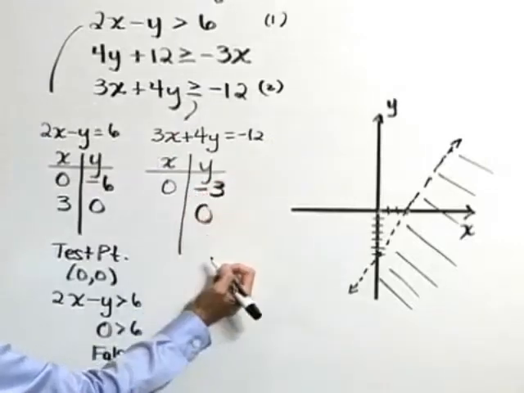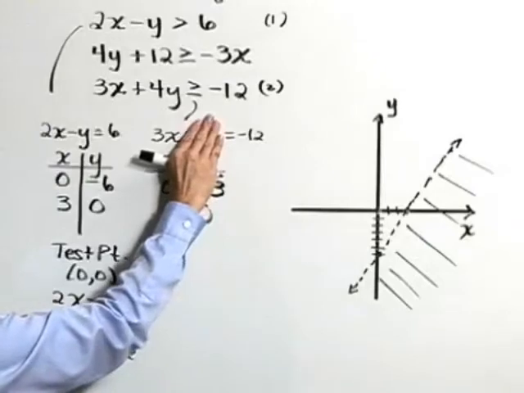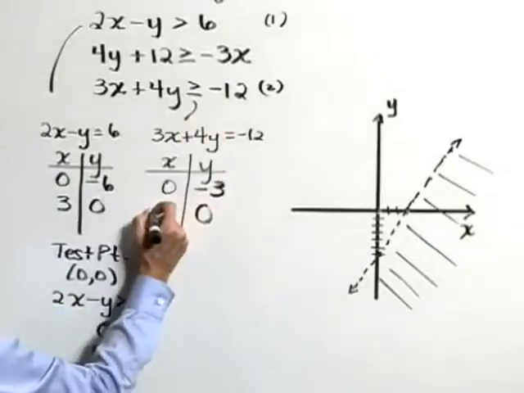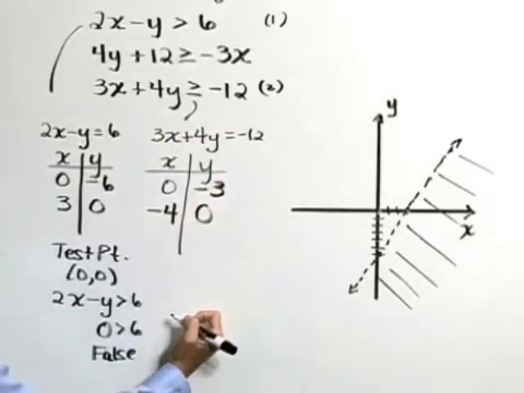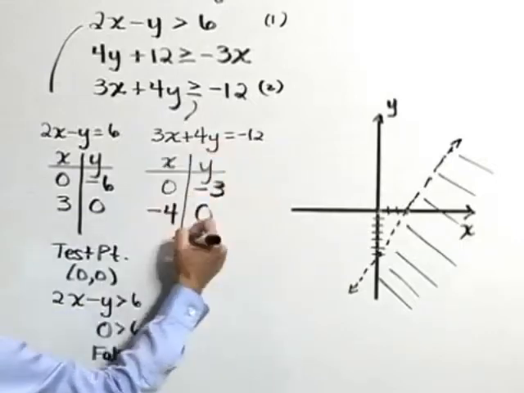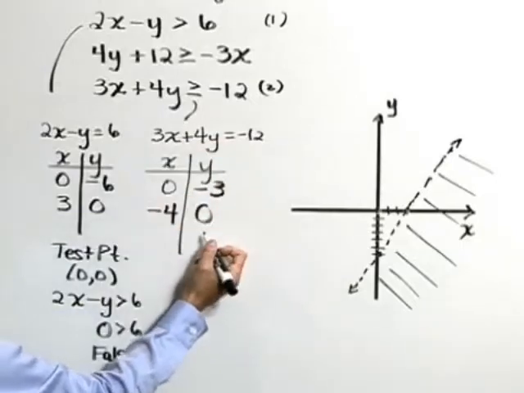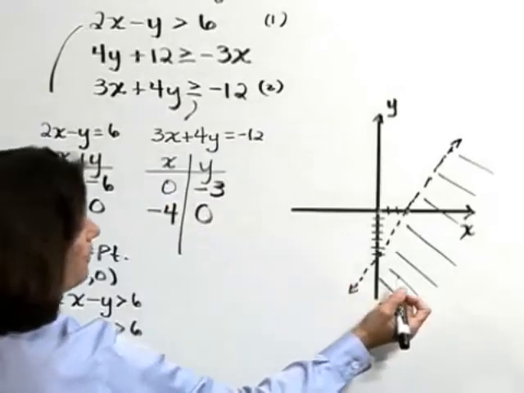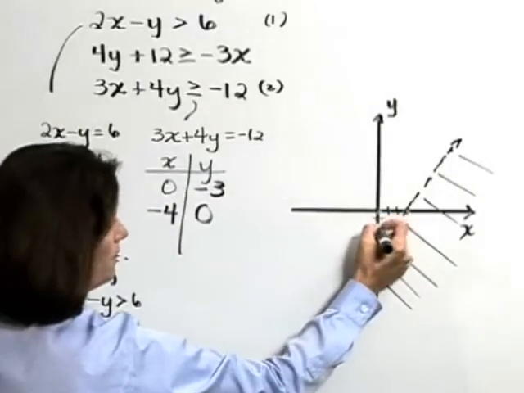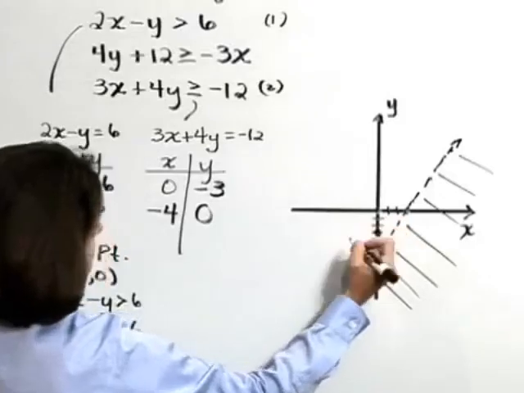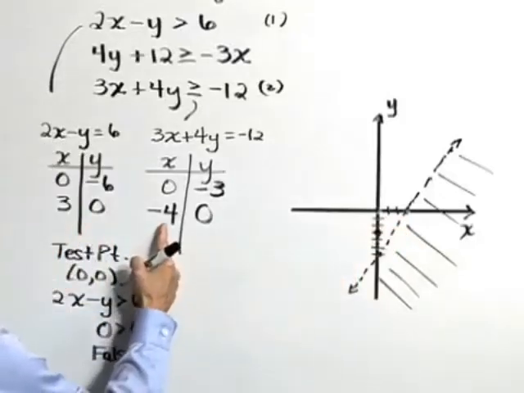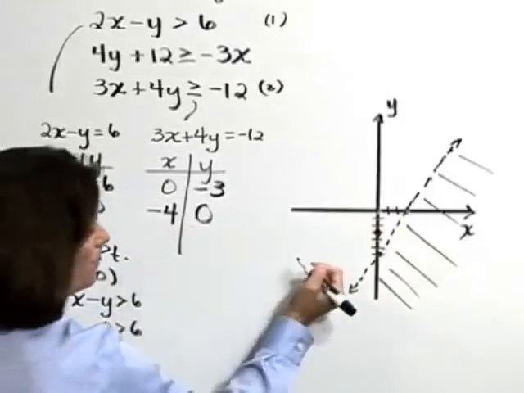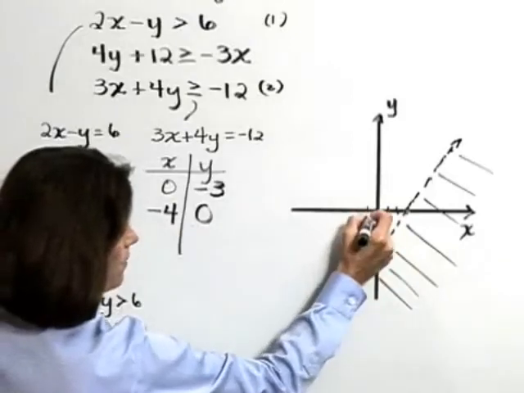If we let y equal 0, then 3x is negative 12, or x is equal to negative 4. So the boundary line for this region is going to go through the point 0, negative 3. That's x equals 0, y equals negative 3. It's also going to go through negative 4, 0. That's x equals negative 4, y equals 0.